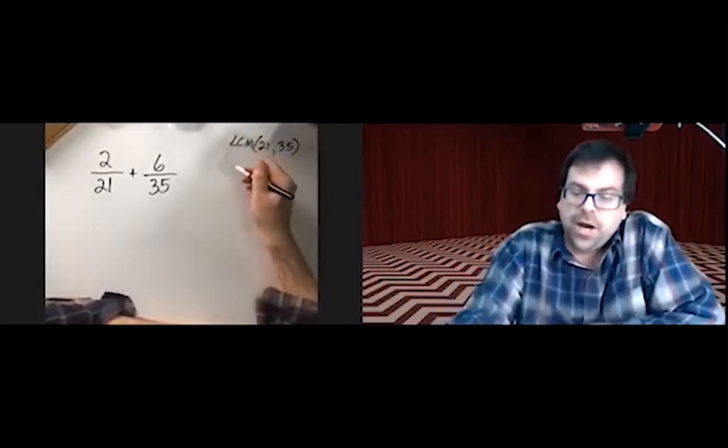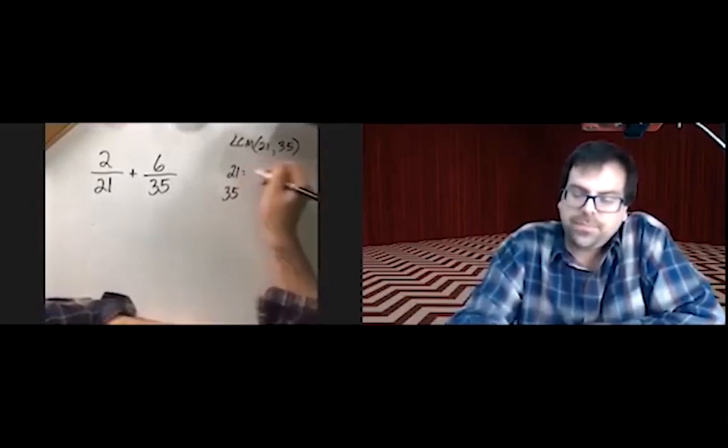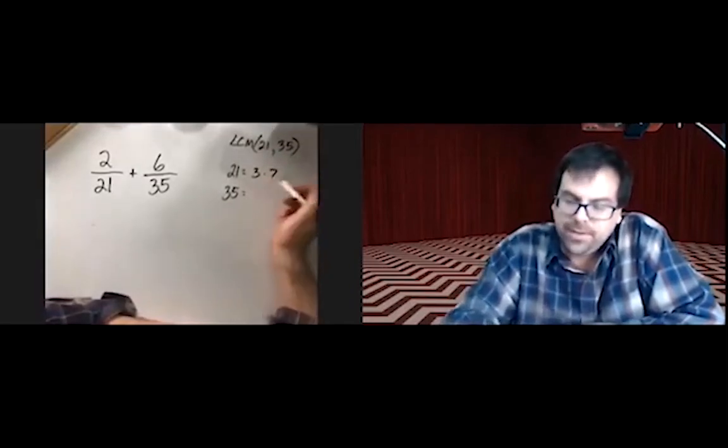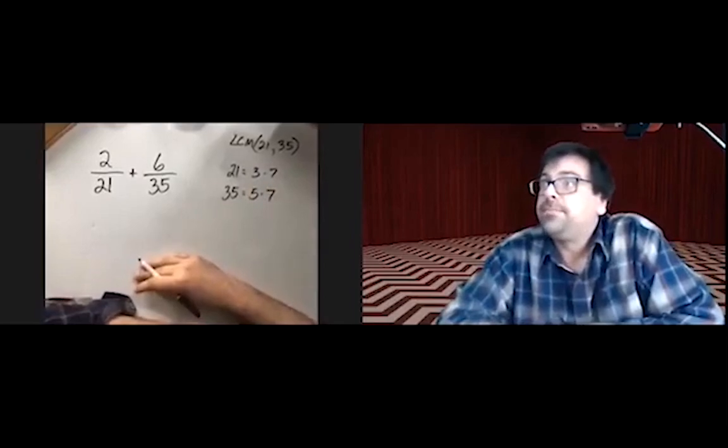Which means we need the prime factorizations of 21 and 35. 21 would work out to 3 times 7. 35 would work out to 5 times 7.